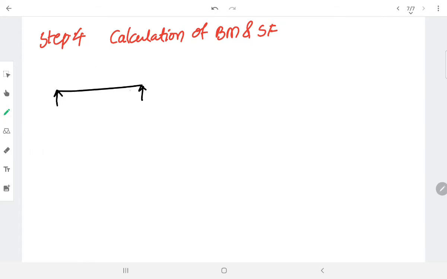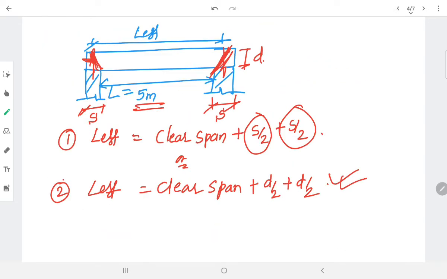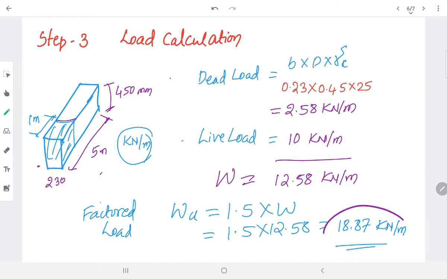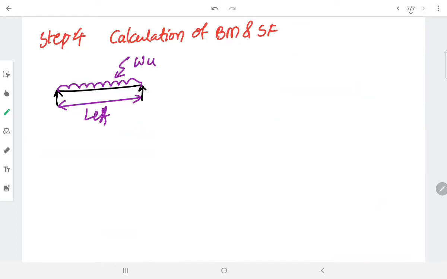This is the UDL, or factored load acting on the section. It is nothing but WU, and the span of the beam, L effective, needs to be taken into consideration. Here we have calculated L effective 5.42, WU we have calculated 18.87. So I'll be writing WU is equal to 18.87 kilonewton per meter and L effective is equal to 5.42 meter.